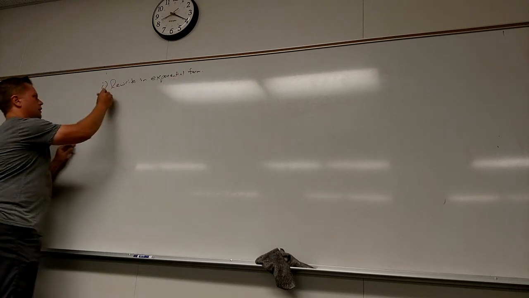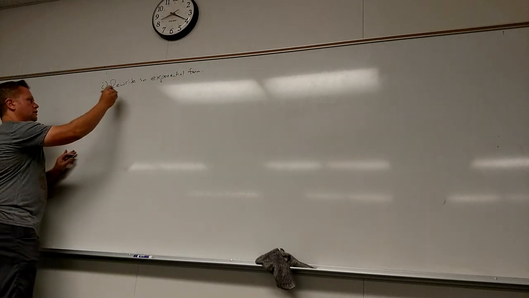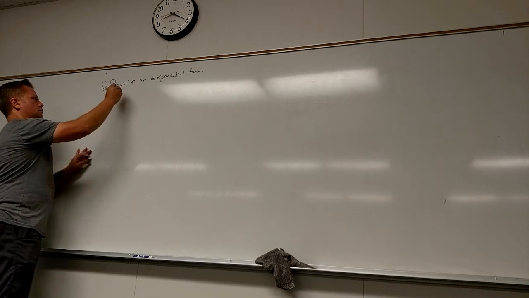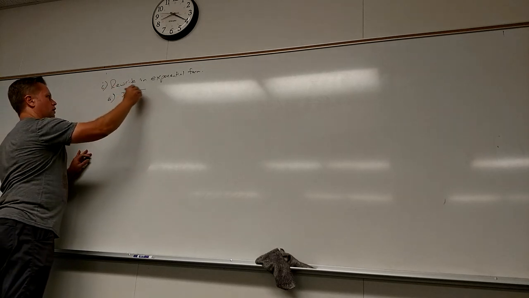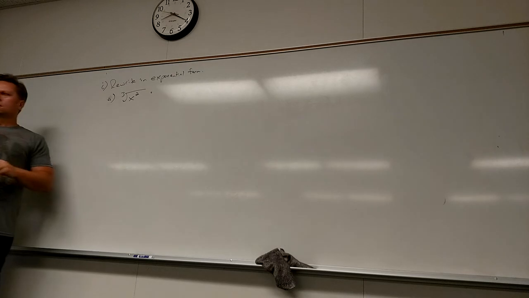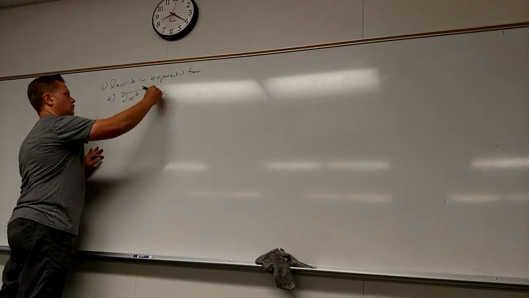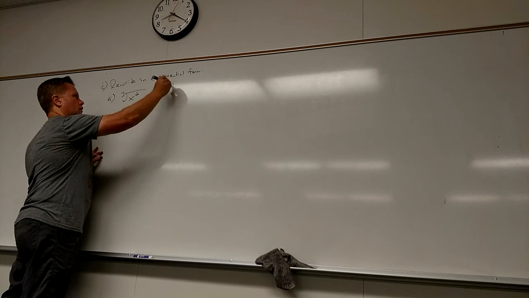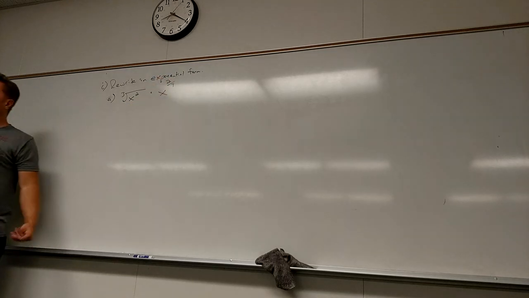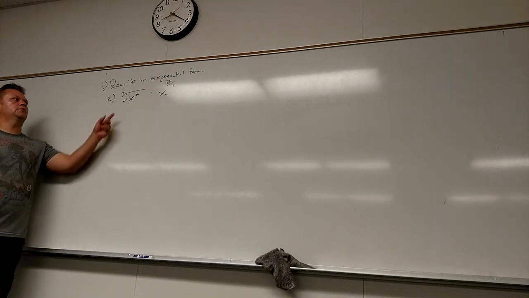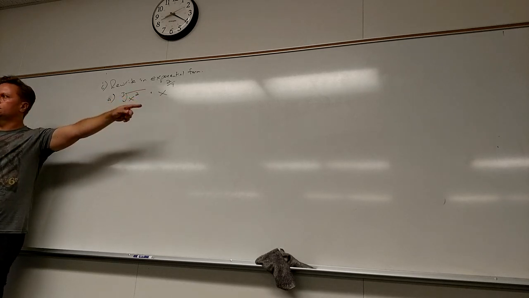So rewrite this in exponential form. Let's see if you guys understand that instruction. If I had the cube root of x squared, how do I write that in exponential form? Yeah, that's it. X to the 2 over 3. You gotta love the way to remember this, right? Roots, bottom of plants, the root goes on the bottom.